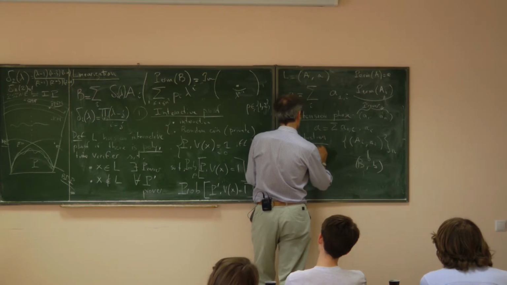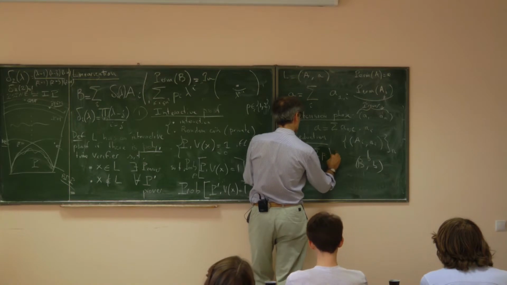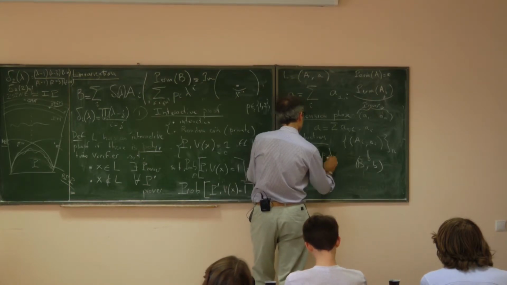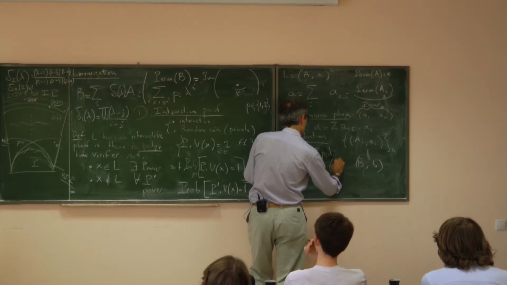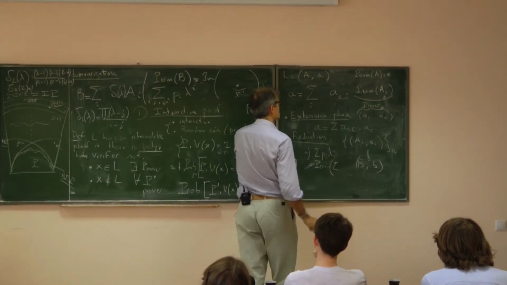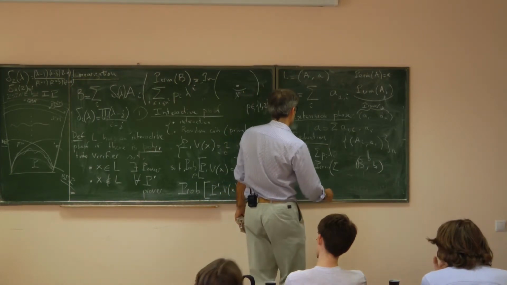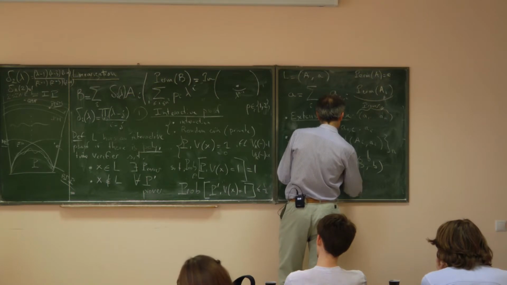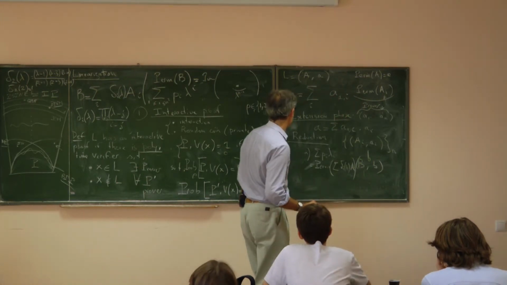So I want the polynomial, which is the sum of the p_i lambda to the i, and this is a permanent of the sum of the delta_i of lambda times A_i.